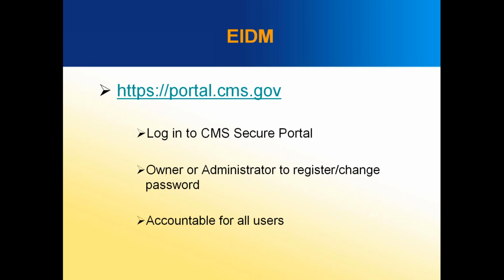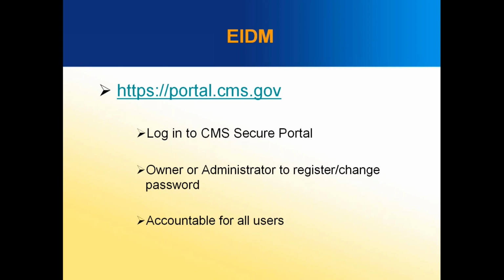Now, again, the same website is also for the agencies that are already registered. And every 60 days, you have to change your password. You get emails. Again, make sure you see your emails because they give it to you a few days in advance to let you know to update your password.